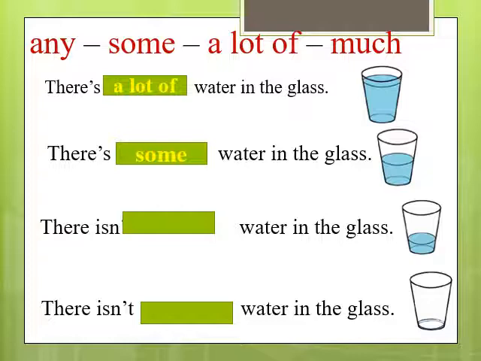And the second example, there's some water in the glass. Then the third example, there isn't much water in the glass. We use much with negative sentences. And the last example, there isn't any water in the glass.